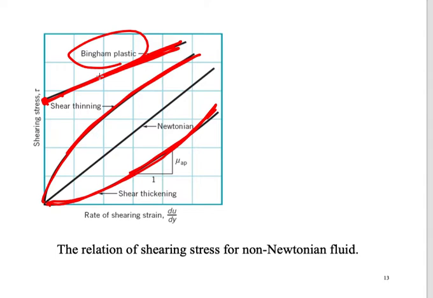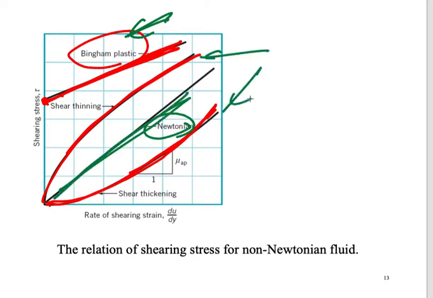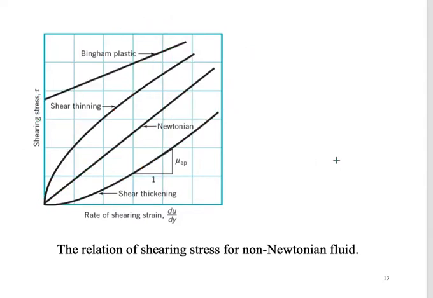In our syllabus, we are not focusing on Bingham plastic, but on the Newtonian straight line, and the non-Newtonian fluid, which can be divided into two types: shear thinning and shear thickening.